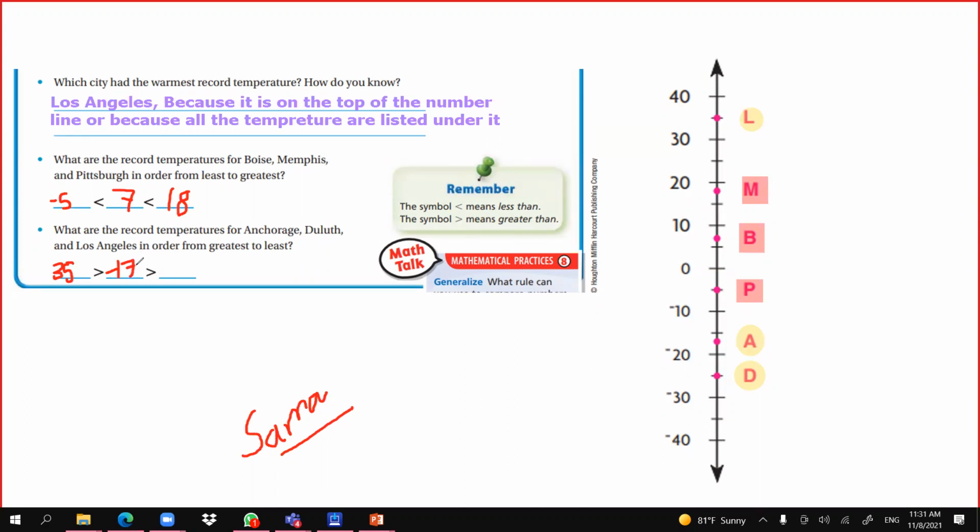Then it's greater than negative 25. Thank you. Yes, Bennett, I will let you after this one. Did you understand now? Okay.